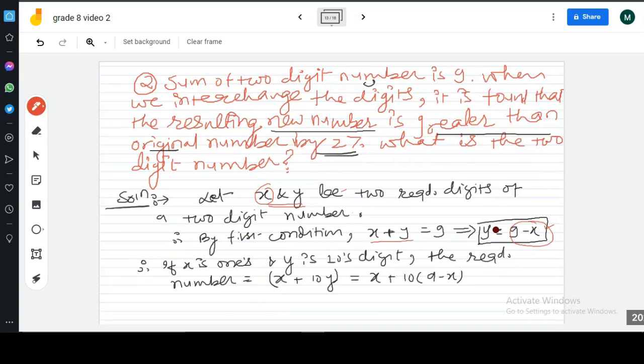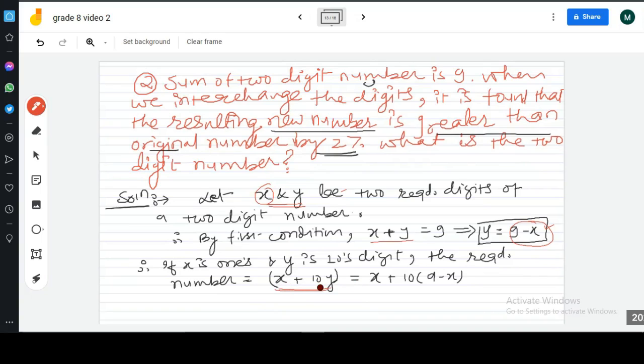So y equal to 9 minus x is the second digit, and the first digit is x. So now let x be the ones digit and y, meaning 9 minus x, be the tens digit of a two-digit number. So using these two, I can write the required number. The required number, when the two digits are known, can be obtained using this, that is x plus 10y.